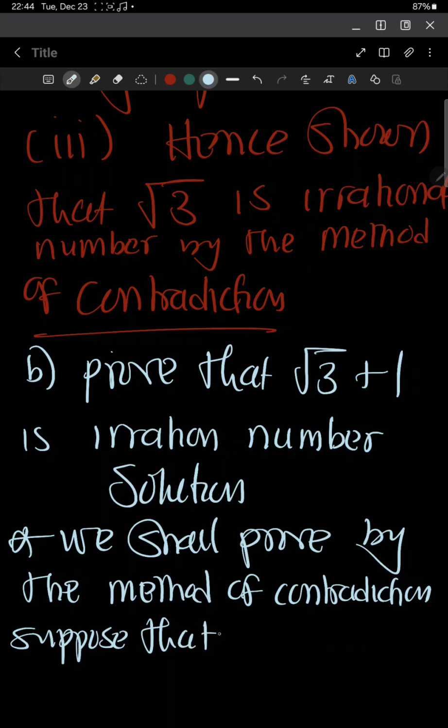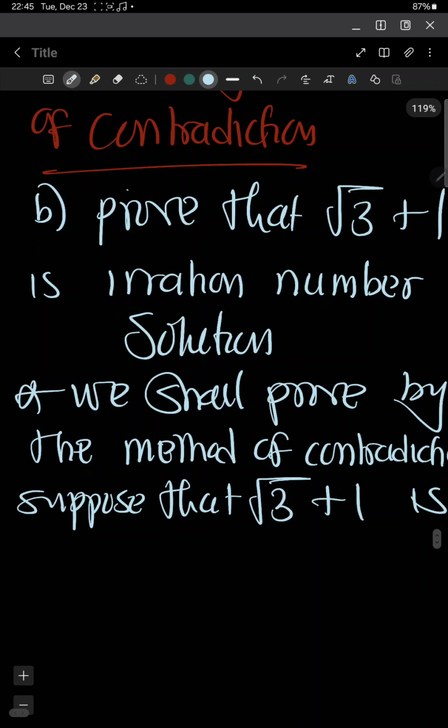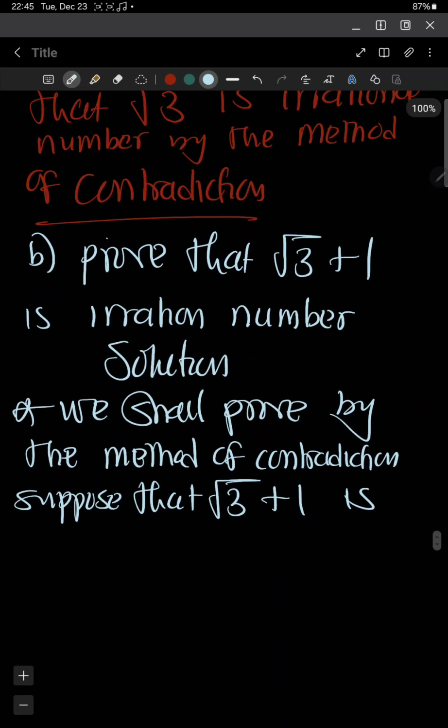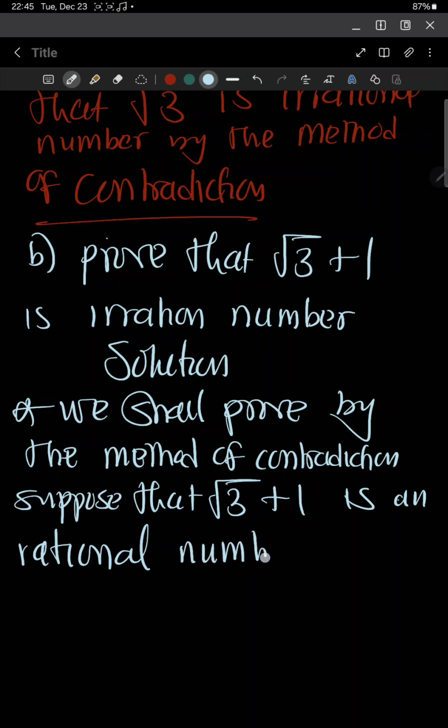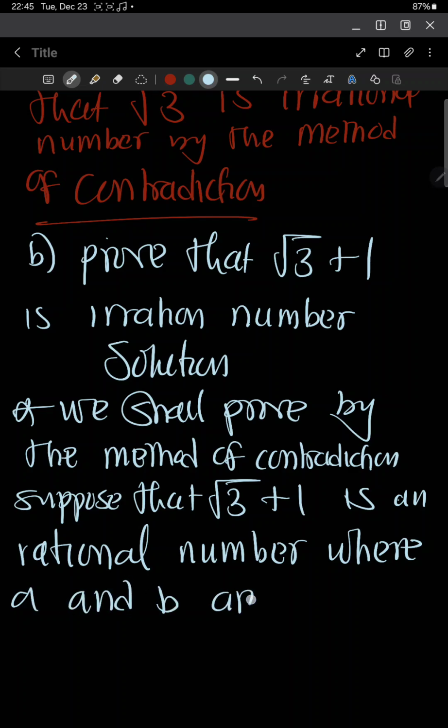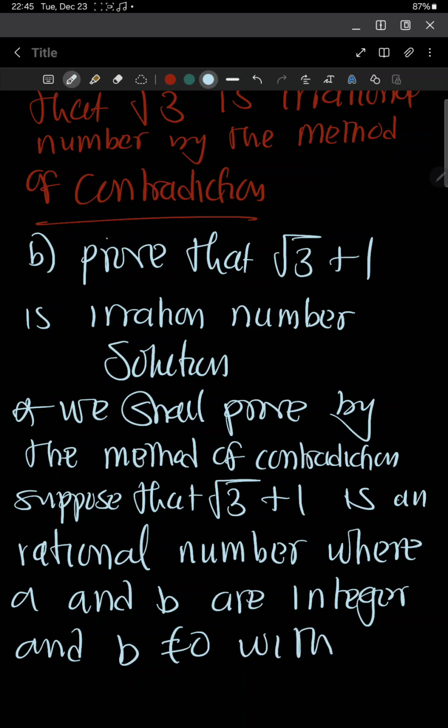Suppose that square root of 3 plus 1 is rational, or is an irrational number, where A and B are integers and B is not equal to 0 with no common factor.